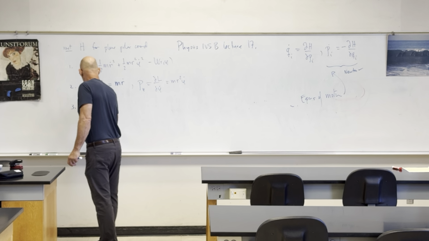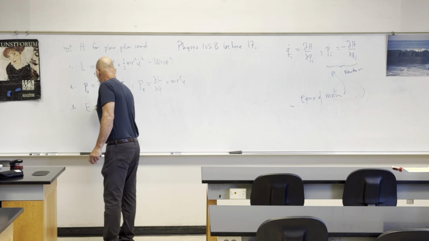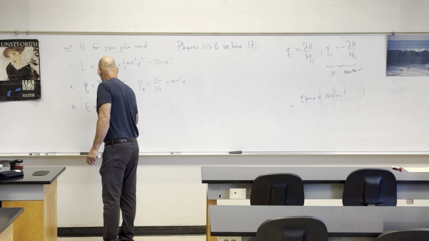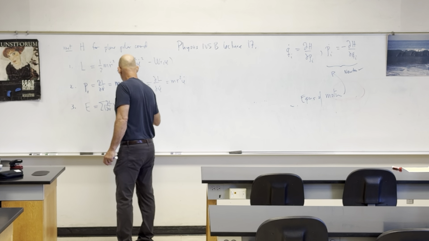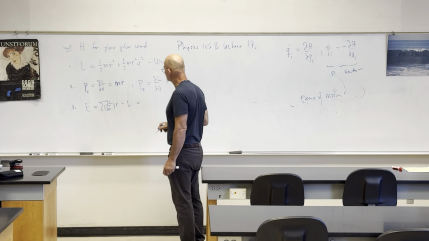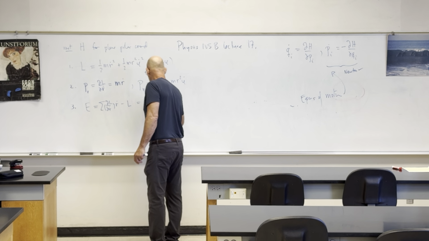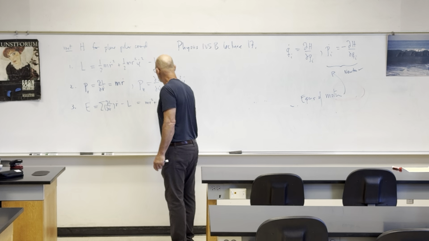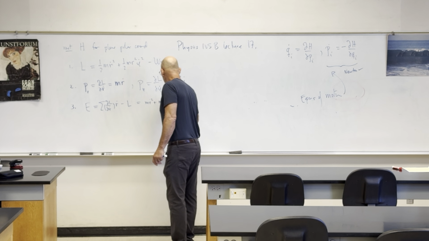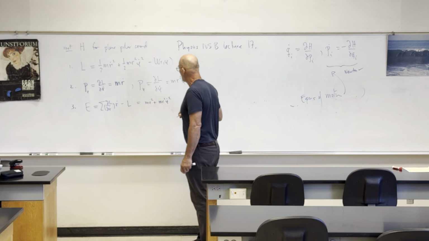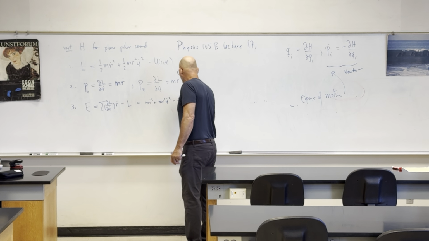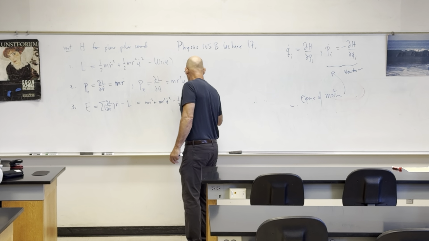So the energy is, and we've done this before, p_r r dot plus p_phi phi dot minus L. So we have m r dot squared plus m r squared phi dot squared minus one half m r dot squared minus one half m r squared phi dot squared.